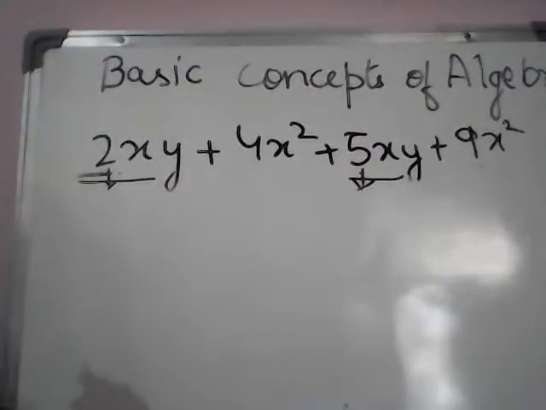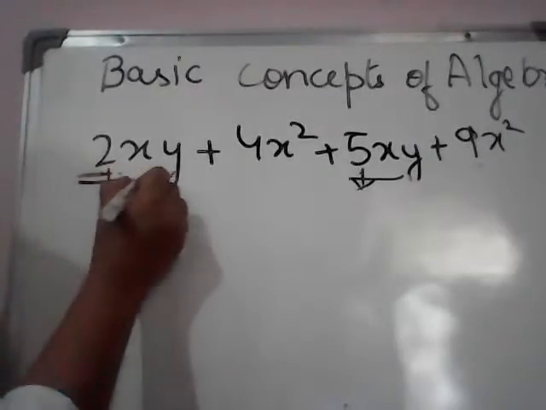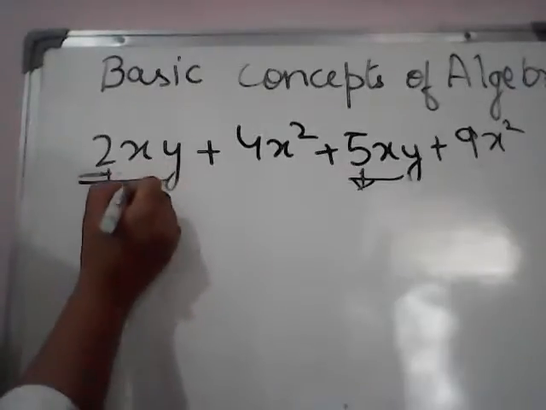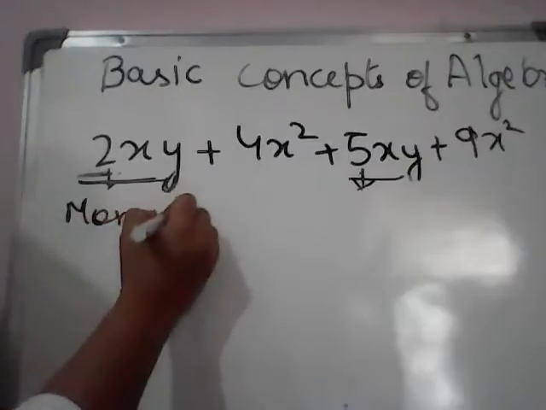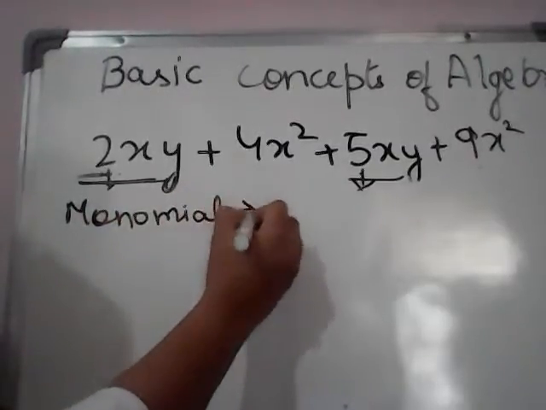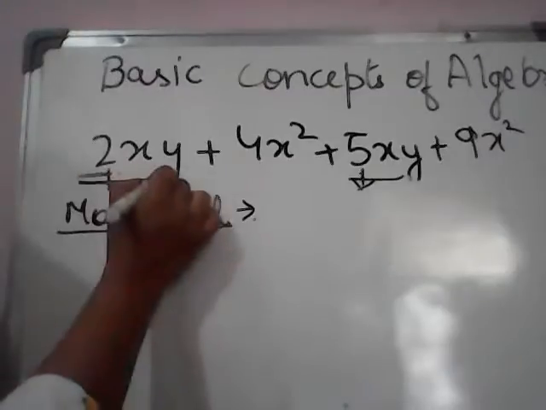Suppose we have... So in this, if we talk about monomial. Monomials are the polynomials having just one term.